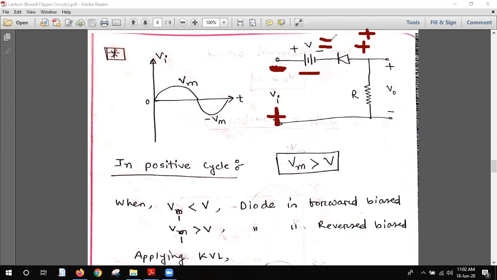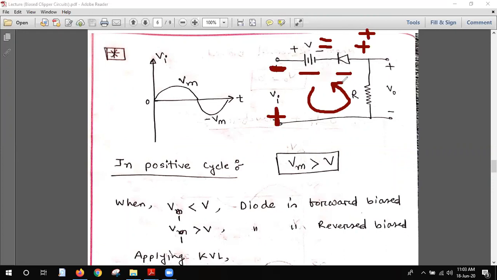So that means for the negative cycle, for both the input voltage and the DC voltage, the diode is forward biased. So this is a shorted line, so the current will flow in this direction. So what will be the output voltage?